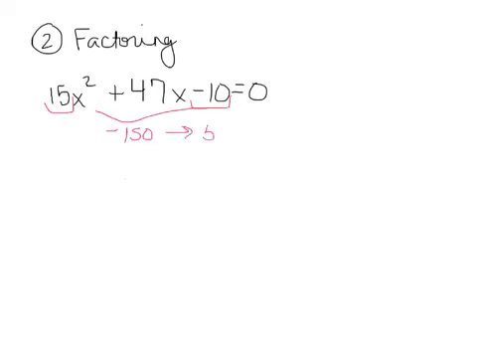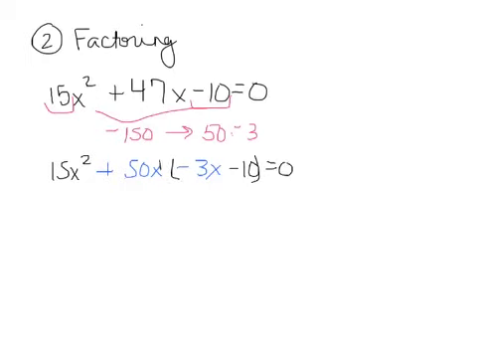If I look at 50 times negative 3, I get the negative 150. 50 plus negative 3 gives you that 47x. So I'm going to break it up as 15x squared plus 50x minus 3x, and then minus 10 is equal to 0. I solve by grouping, putting the plus sign in the middle.